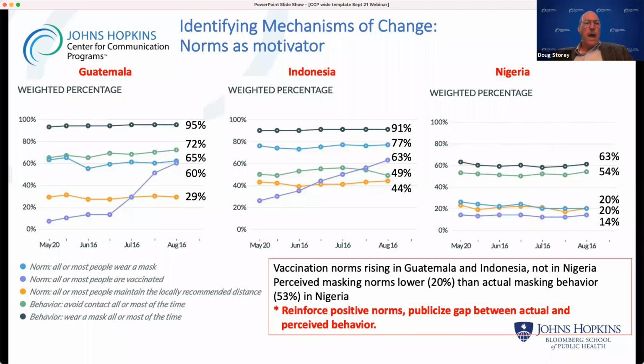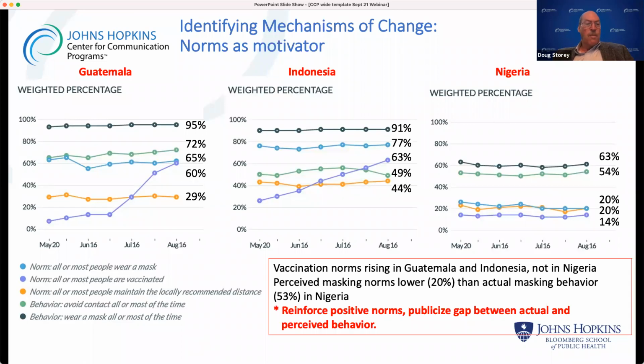And we see some different patterns of normative perception here. The purple line in all three of these graphs represents the percentage of people who believe that the majority of others in their community have been vaccinated. And you see that trend line rising for both Guatemala and for Indonesia, but it remains static for Nigeria. That is, the perception of the vaccination norm is low and consistently low in Nigeria.